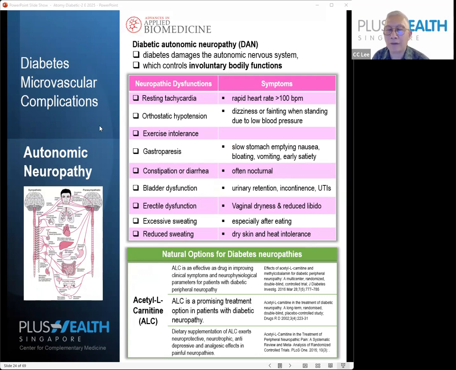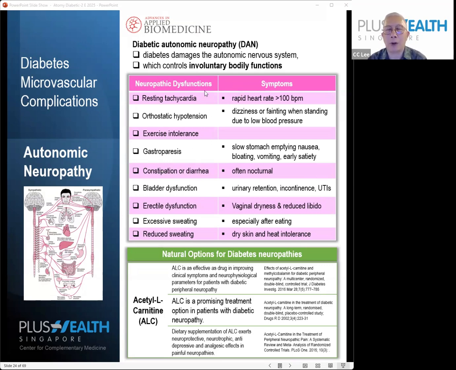But when the nerve damage is affecting your autonomic system, that means the nervous system that controls your body's organs and the self-management of your body's functions, then that self-management function gets disrupted. You have a whole spectrum of problems coming out from that. And this is one of the most complicated parts of what diabetic patients suffer from.